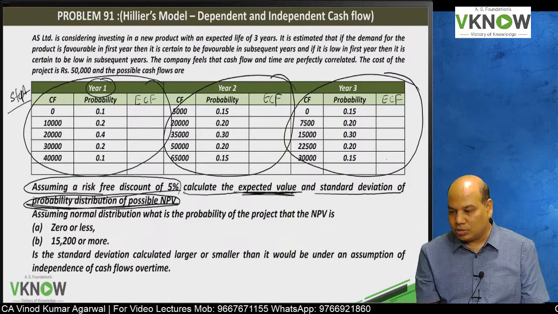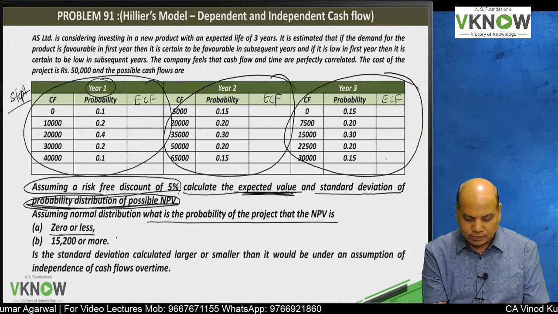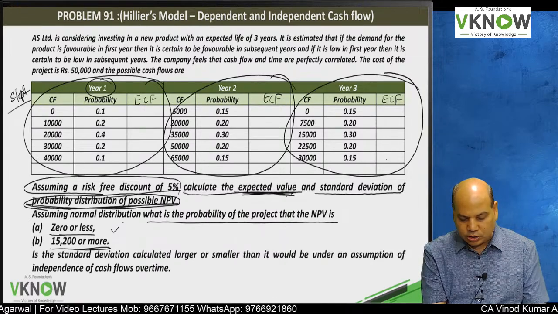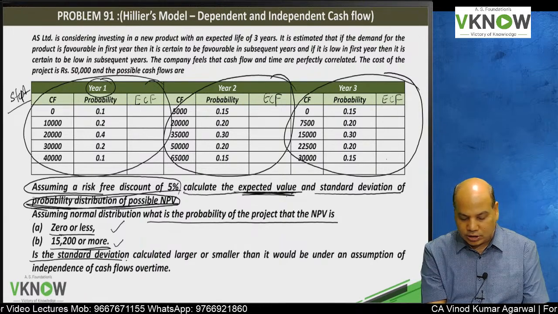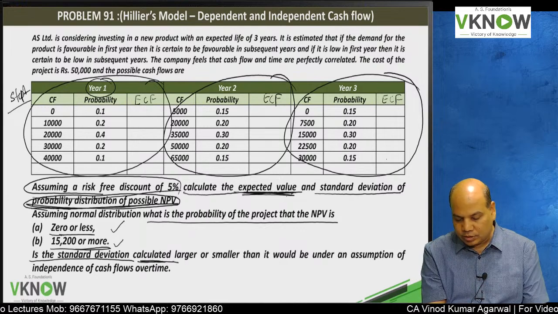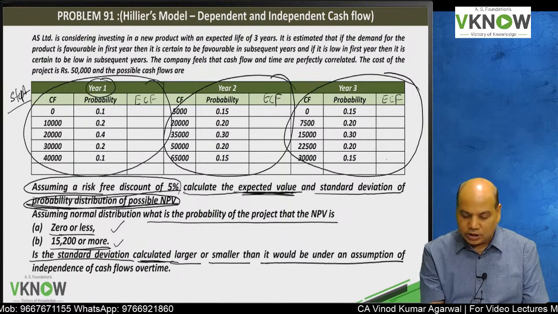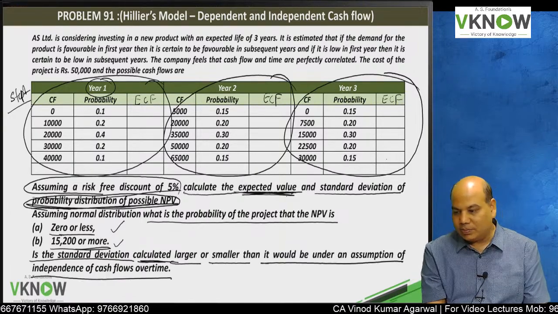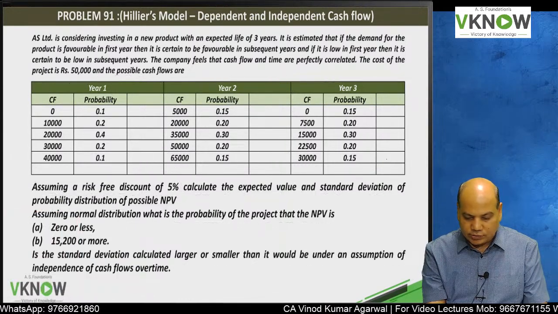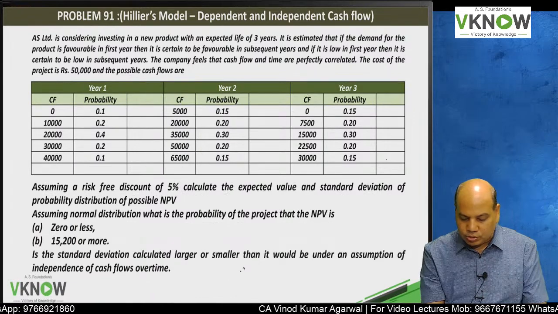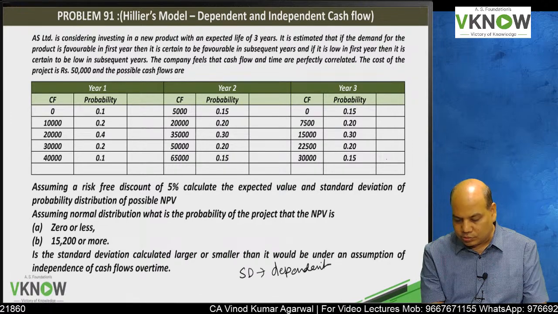Next is assuming normal distribution, what is the probability that NPV is 0 or less? 15,200 or more. Again we have to apply normal distribution table here. Is the standard deviation calculated larger or smaller than it would be under an assumption of independence of cash flows over time? The meaning of this question is we are going to compute standard deviation by assuming dependent cash flow.